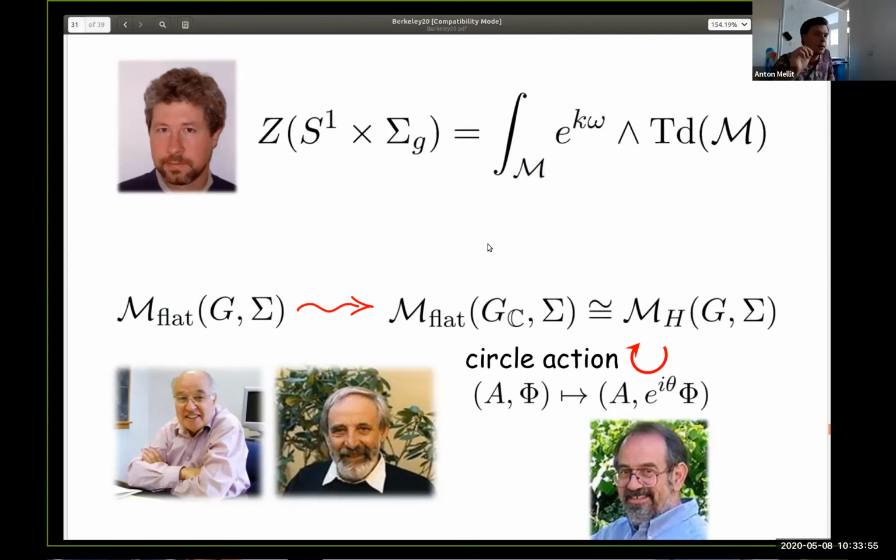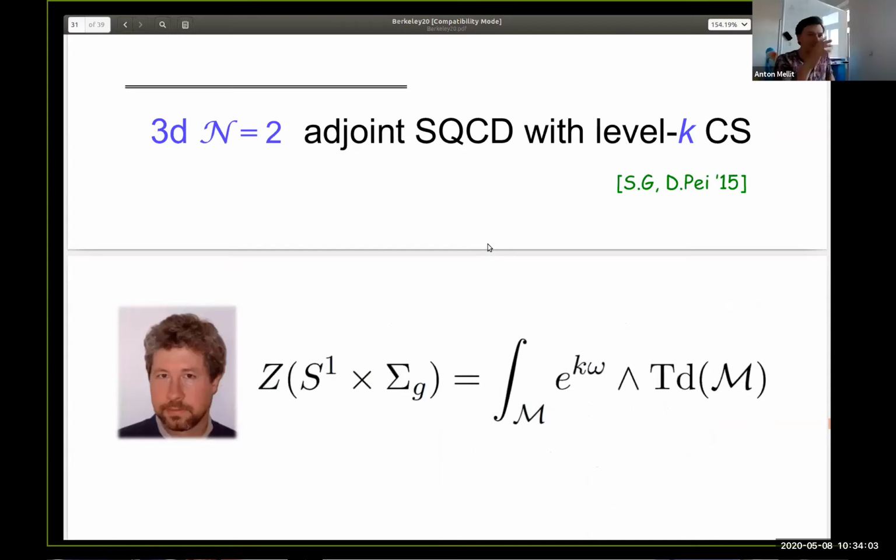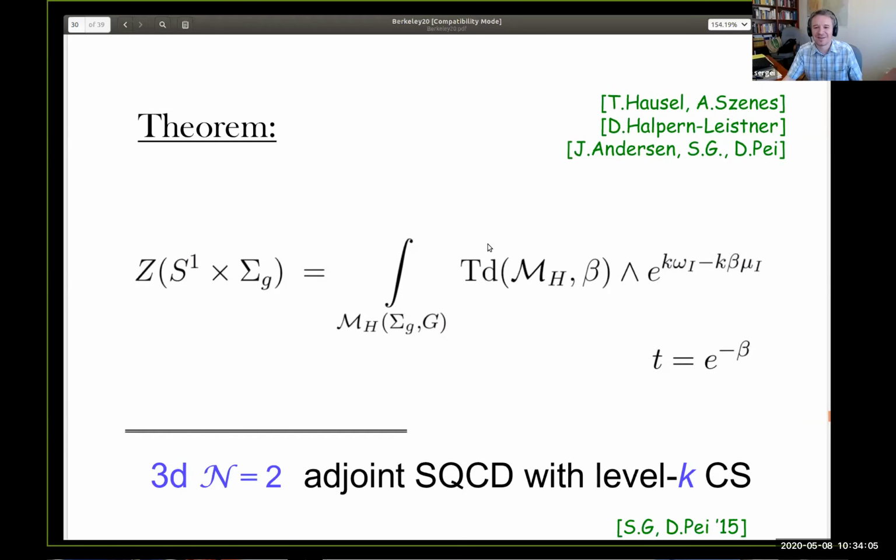Yes, Anton. You mentioned something in the previous slide. Well, this formula was first predicted in physics, in our work with Dupuis, but because it was mathematical physics, it was not a rigorous proof.